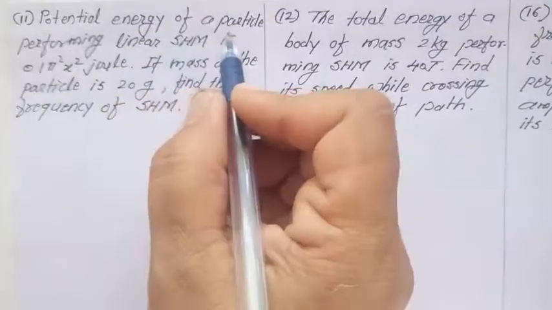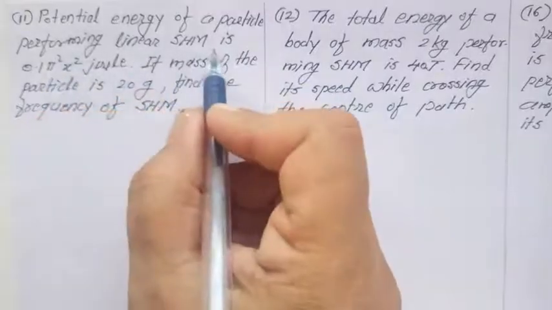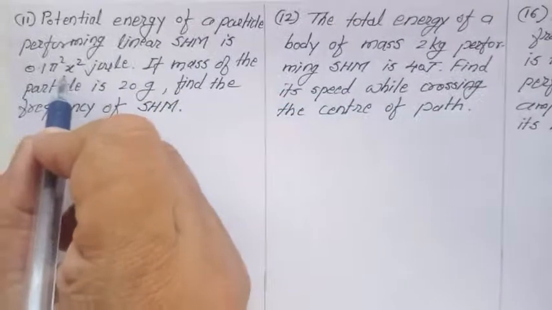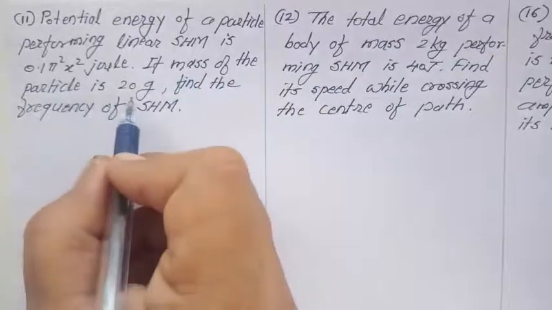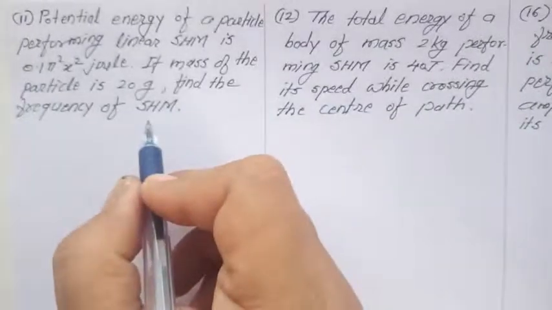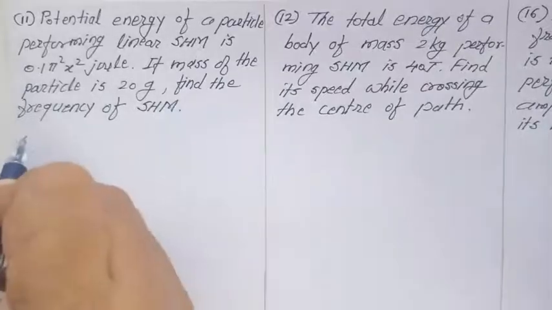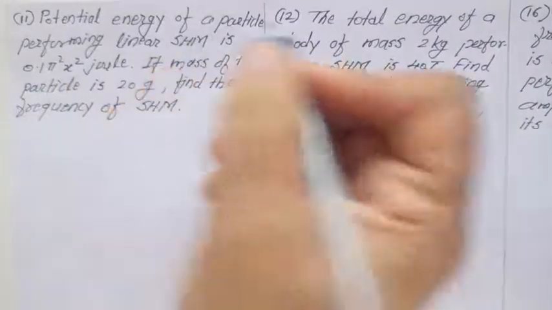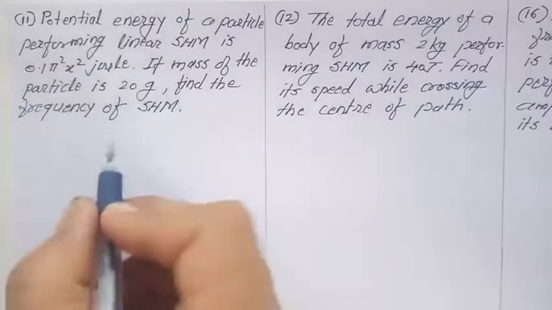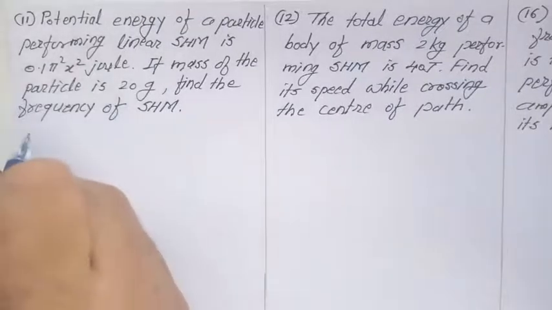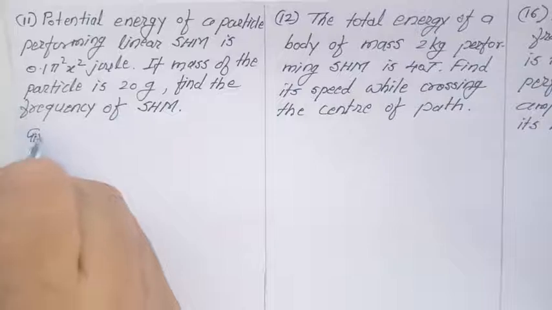Potential energy of a particle performing linear SHM is 0.1 pi square x square joule. If the mass of the particle is 20 gram, find the frequency of SHM. See here, the problem is given on potential energy. You are given the potential energy and mass of the object, and you have to find the frequency. So what are the given things here?